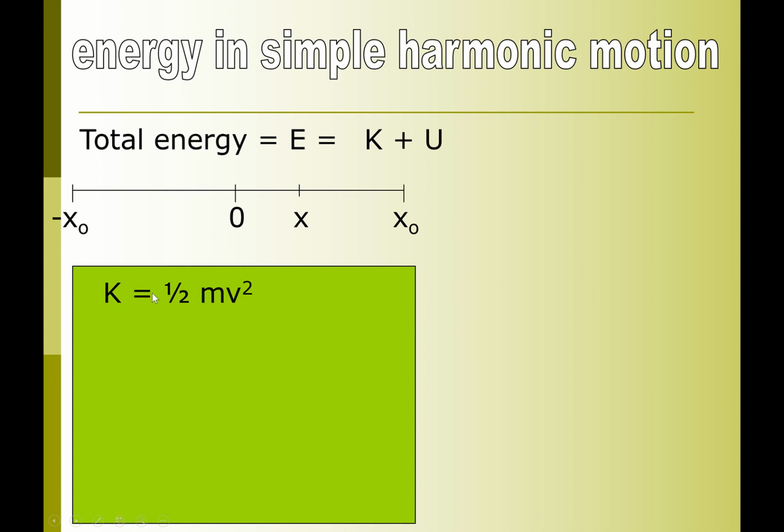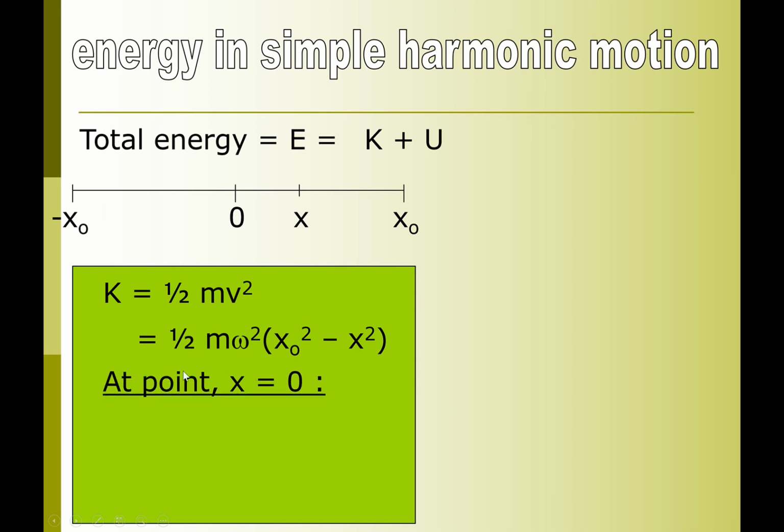So the kinetic energy is half m v squared, and we substitute the v that we derived in the previous video, which is omega squared bracket x naught squared minus x squared.